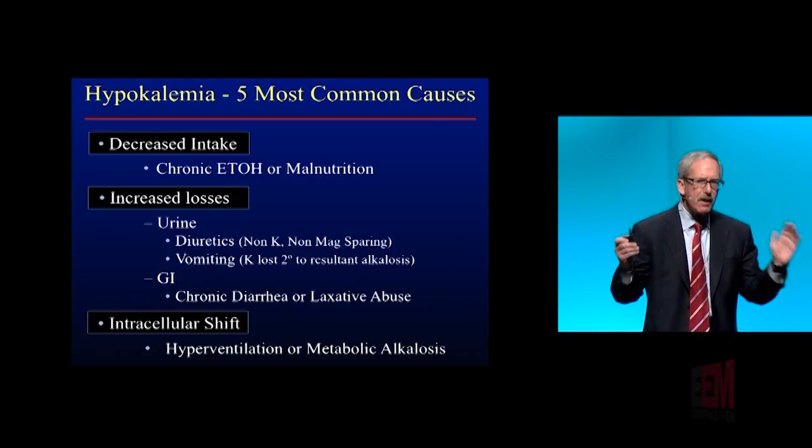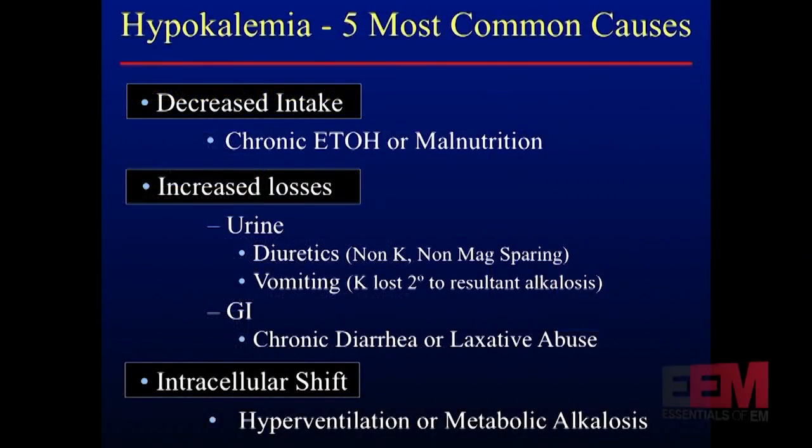So when I think of hypoK, these are the big 5 for the most common causes in the emergency department. Decreased intake, which is usually due to chronic alcoholism or chronic malnutrition. Increased losses, subdivided in urine, where it may be due to diuretics, or it may be due to vomiting, where people get loss of acid and they retain hydrogen and then lose potassium in the urine.